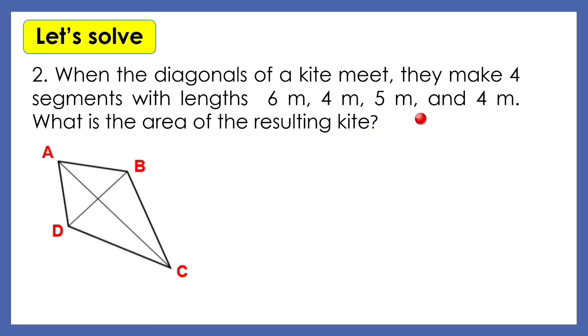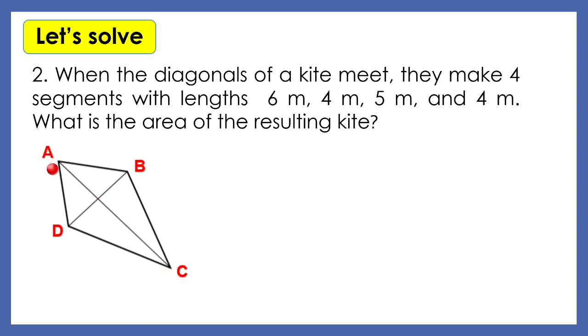So, yung 4 meters na magkaparehas ay itong dalawang line segment dito. So, yung line segment BD ay equal sa 8 meters. Yung merong length ng 6 meters at saka 5 meters ay itong diagonal na to. So, this is 5 meters, the other is 6 meters.